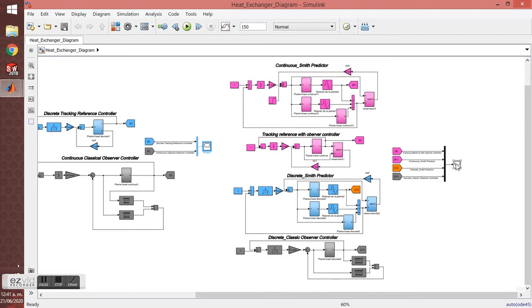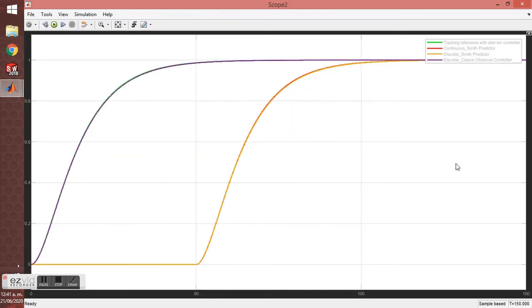So, we have the continuous Smith predictor in red and the discrete Smith predictor in yellow. We have also the tracking reference with the observer controller in green and the discrete classic observer controller in purple. And this has been all for the Smith predictor controller in Simulink.